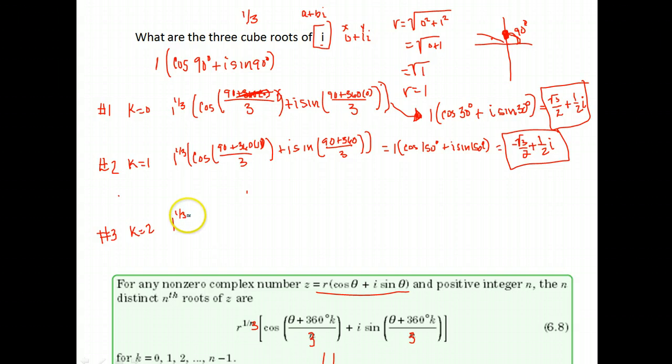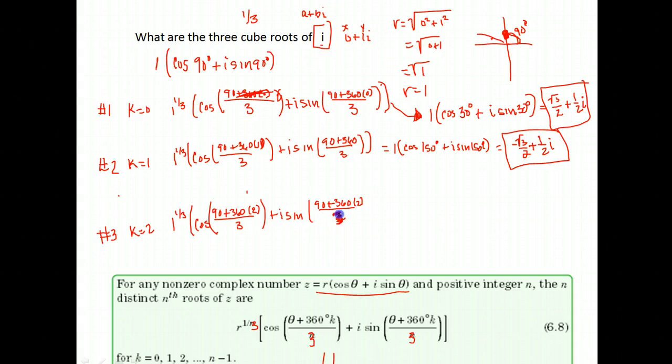1 to the 1/3 power still. Cosine of 90 plus 360 times 2 this time, all divided by 3, plus i sine of the same thing, 90 plus 360 times 2 divided by 3.